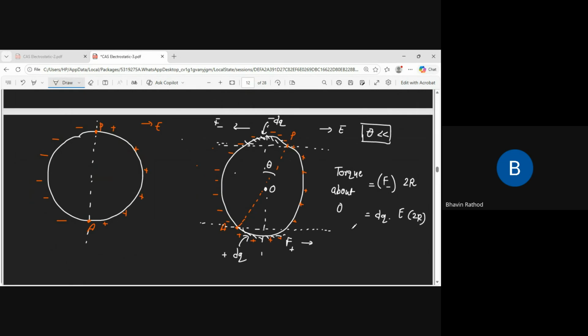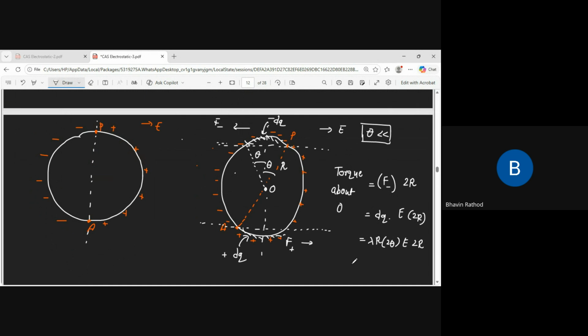And dq we can find out by saying that if this angle is theta, then this will be theta as well. So dq will be equal to lambda into the length of that portion, which will be, if r is the radius, r into 2 theta, into E into 2r.